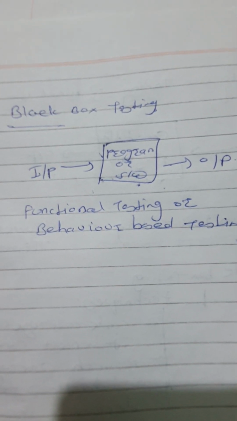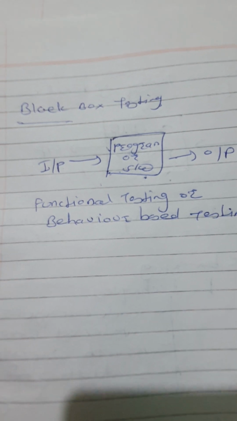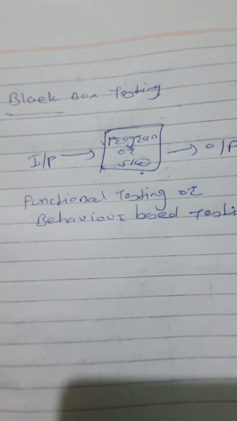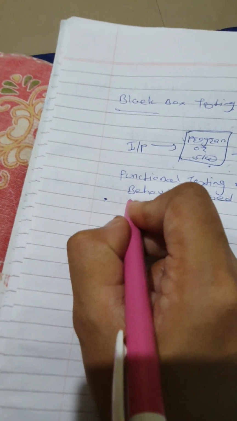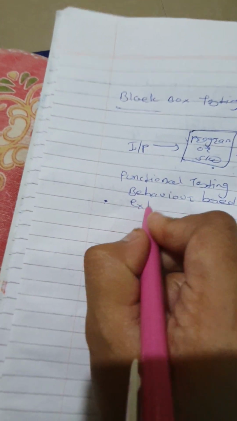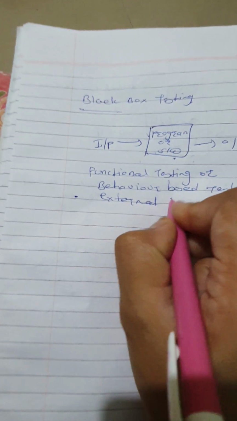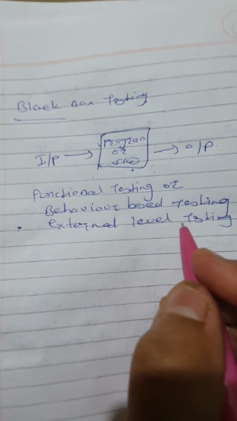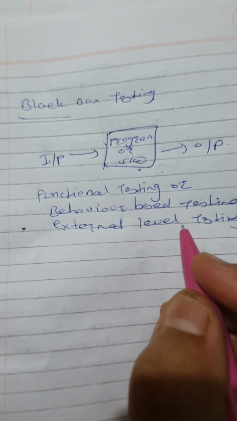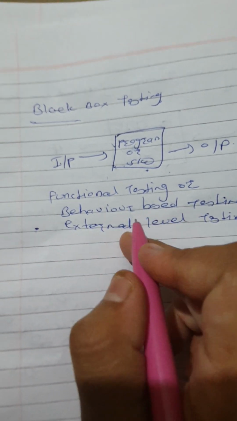Because it is external level testing. There is no implementation of code in black box testing. External level testing means using black box testing you can just test the external behavior of your software, means just the GUI of your software.